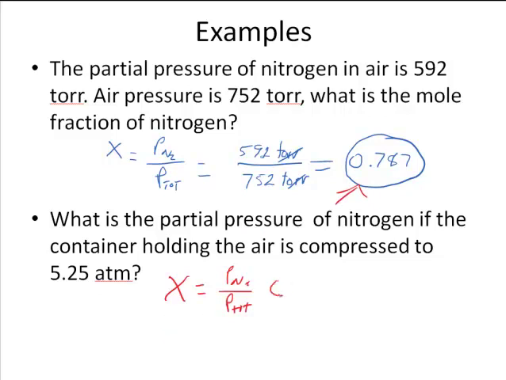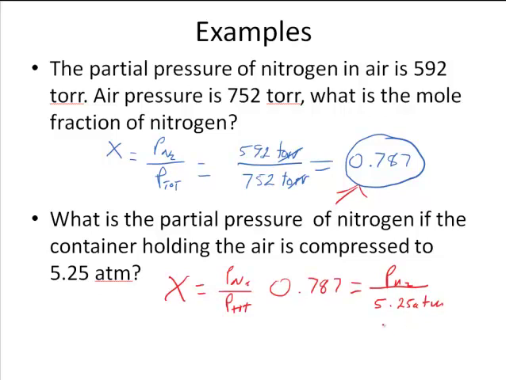0.787 equals, and we want to know what the new pressure of nitrogen would be if we compress the air, so that the pressure of air has been increased to 5.25 atm, and we're looking for the pressure of nitrogen gas.